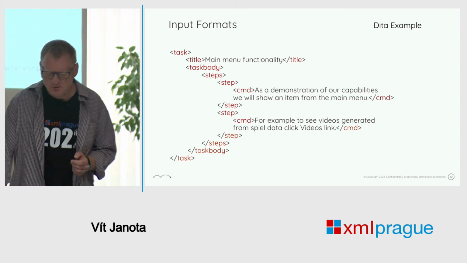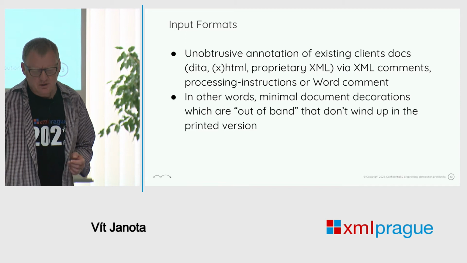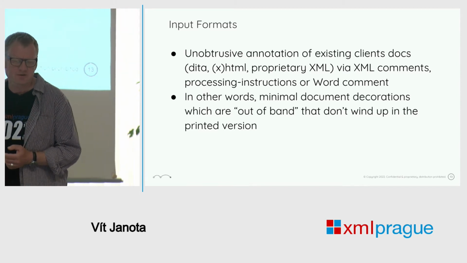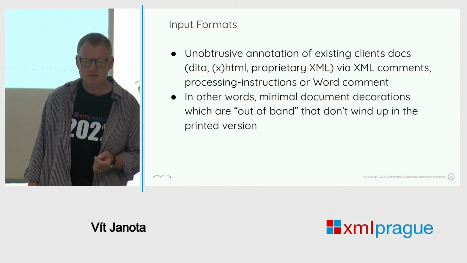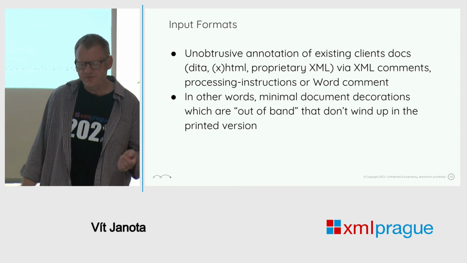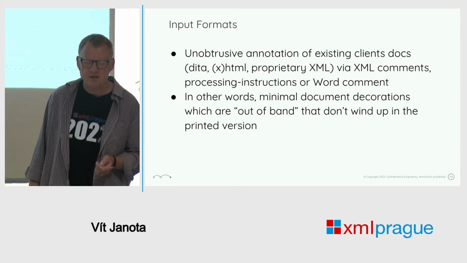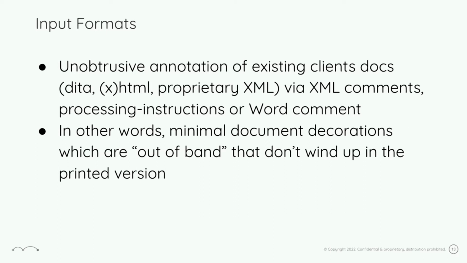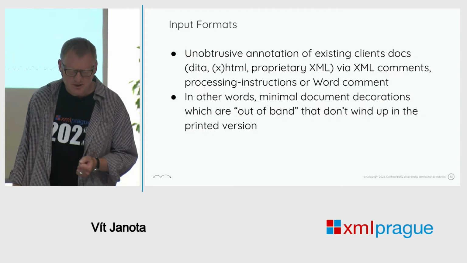So we were looking for an unobtrusive annotation of existing client documents, and obviously the easiest ways are XML comments or processing instructions or Word comments or whatever. So we minimize these interactions I was talking about.